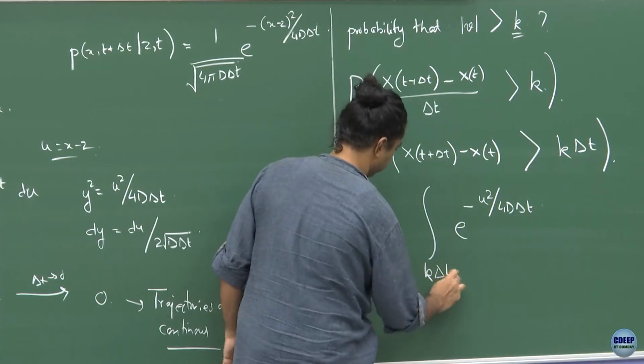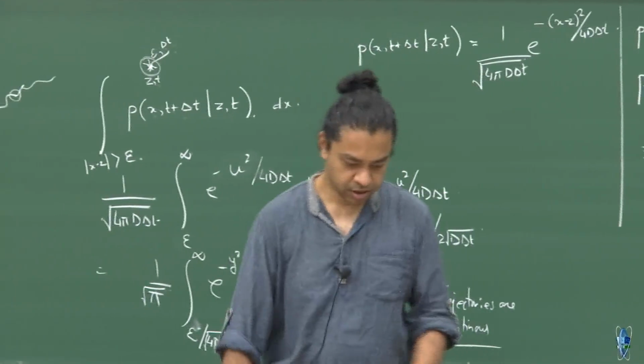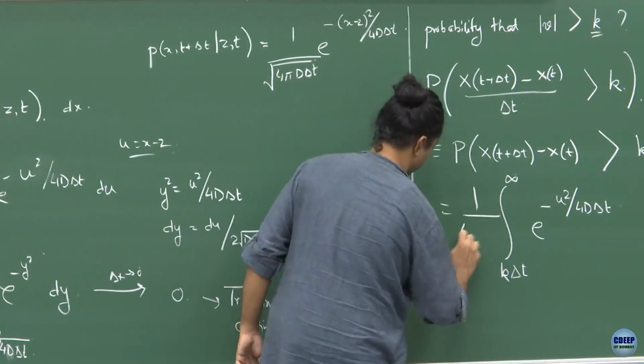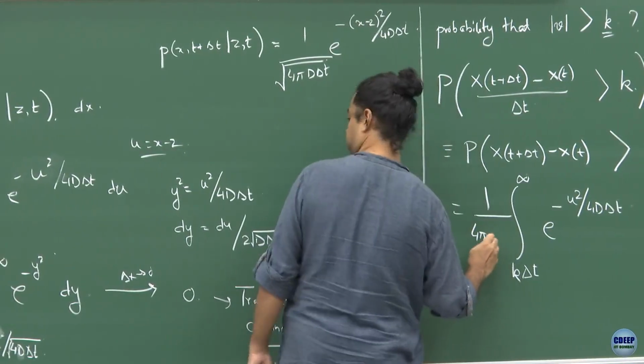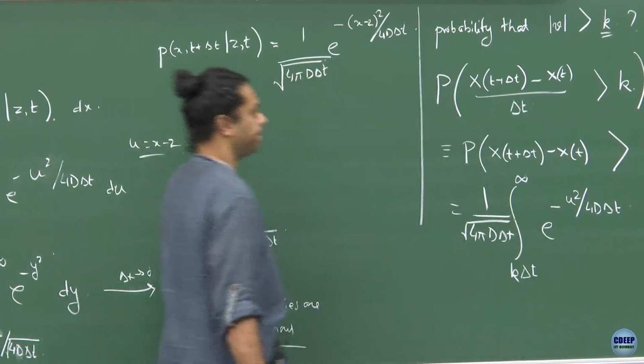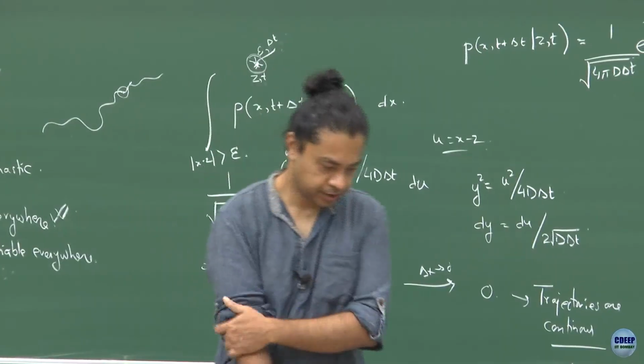So, it is going from k delta t all the way up to infinity, and of course, normalization, 1 by root of 4 pi d delta t. Okay.